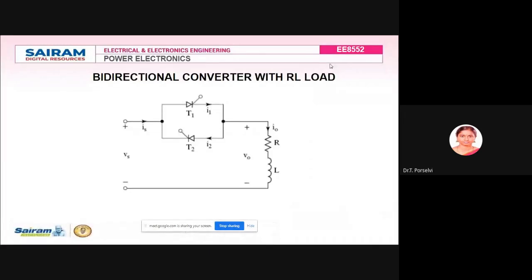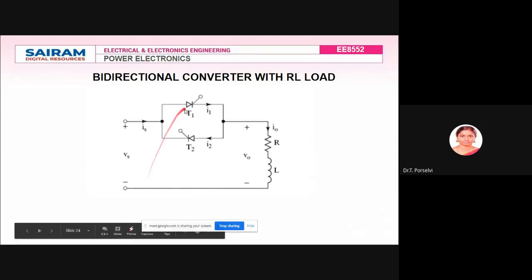Since you should have the current flow in both the directions, you should have two thyristors which are connected in anti-parallel. One thyristor will carry the positive current and the other thyristor will carry the negative current.